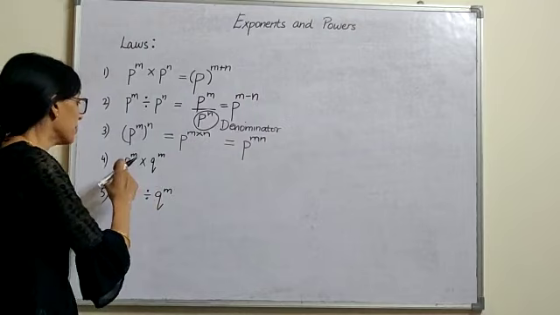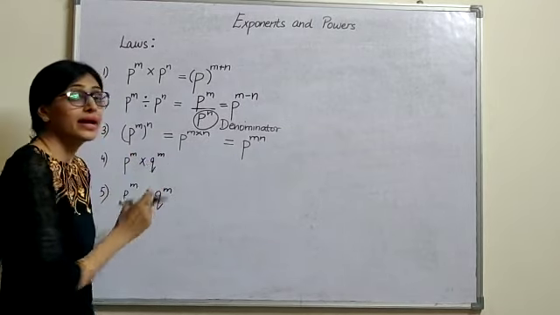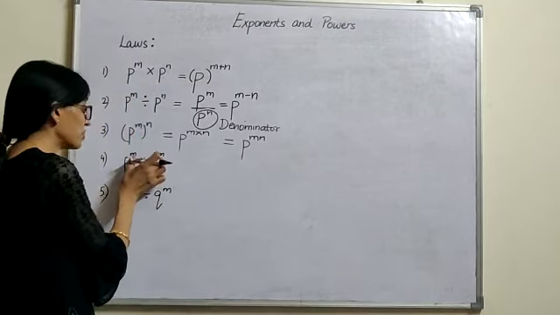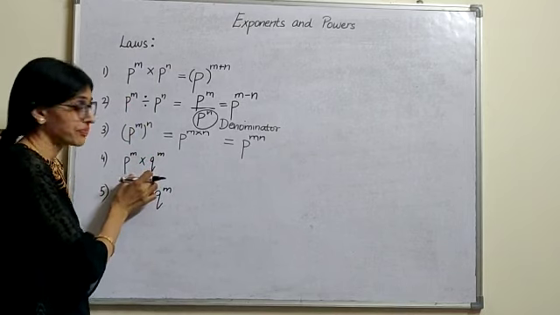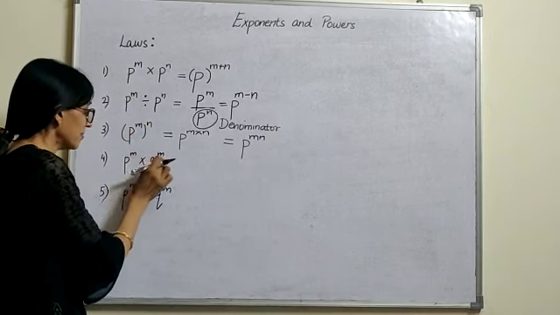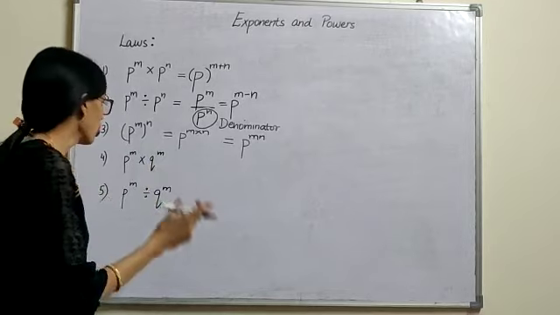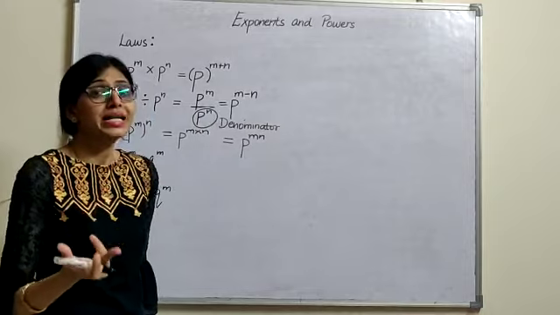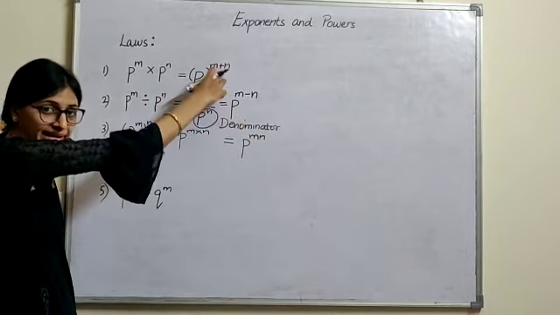Next, p raised to power m multiply q raised to power m. Now if you see carefully, here powers are same, but the bases are different. Power is m, but the base here is p and the base here is q. So when power same, bases multiply. When base same, powers added.